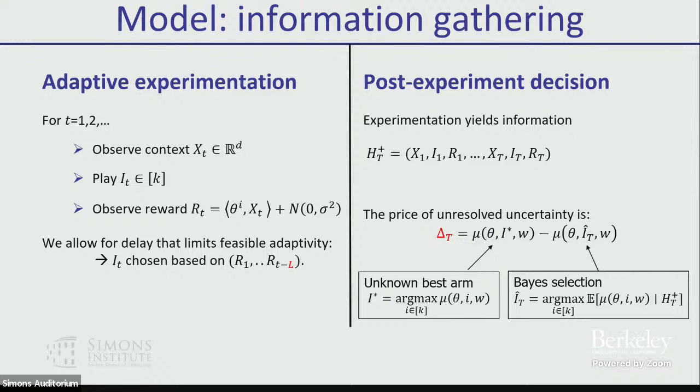I like that term. It compares the difference in utility across the population if you were to employ the true best arm in the population, and the best you can do given your imperfect information.